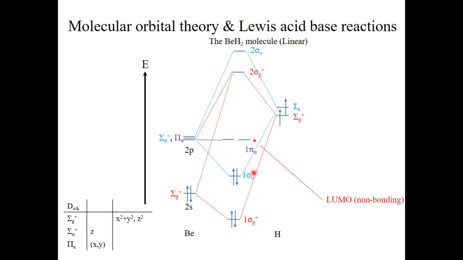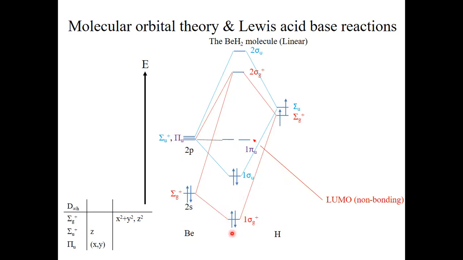Now we see that these πu 2p orbitals remain non-bonding, and you can write them like this into the molecular orbital diagram at the same energy. You fill in your electrons. Beryllium has 2 valence electrons and the hydrogens have 1 electron each, so that's overall 4 electrons.